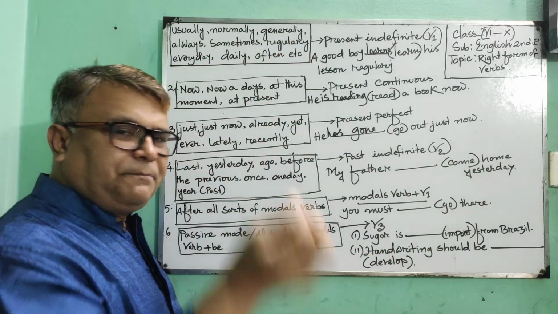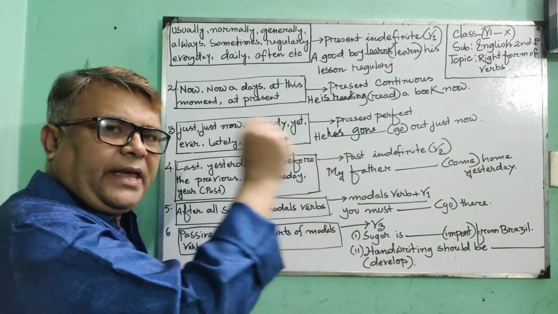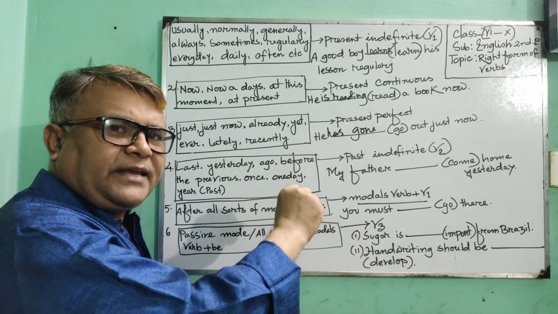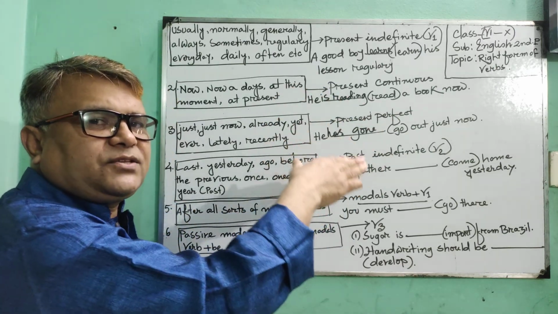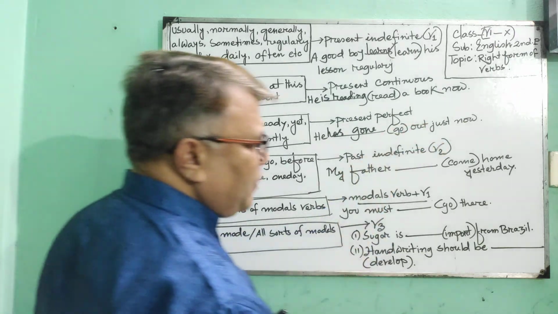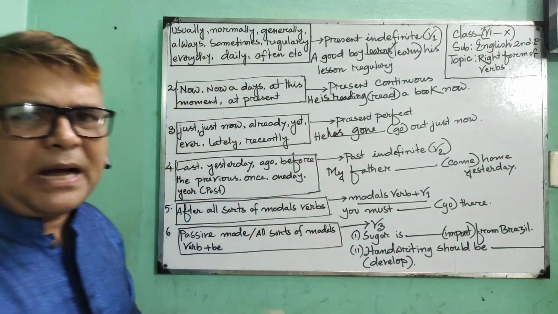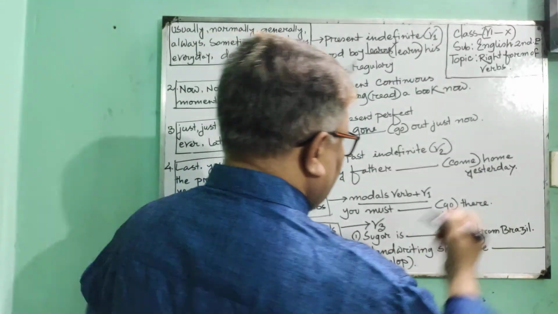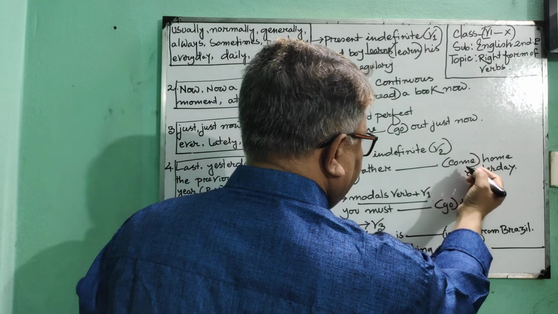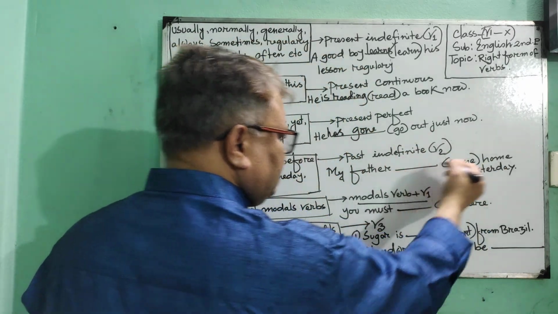Dear learners, previously I told you, if you find yesterday, ago, before in any sentence, it should be past indefinite tense. So we have already found yesterday in this sentence, so it is past indefinite. My father, so we have to make a past form of this verb.